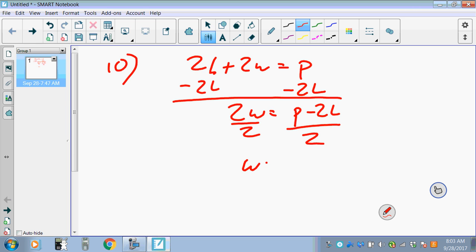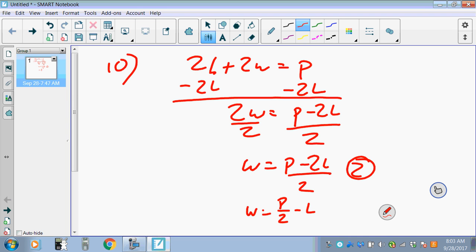So w is equal to (p minus 2l) over 2. And by the way, that is answer number 2 on your paper. If you wanted to, you could take it a step further and say p over 2 minus l. That's fine, too. You can distribute that 2 to both. But again, go with what's more useful for the given problem, okay?